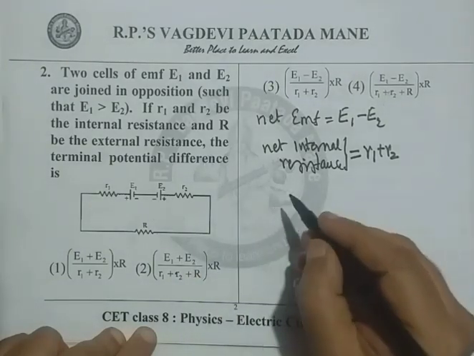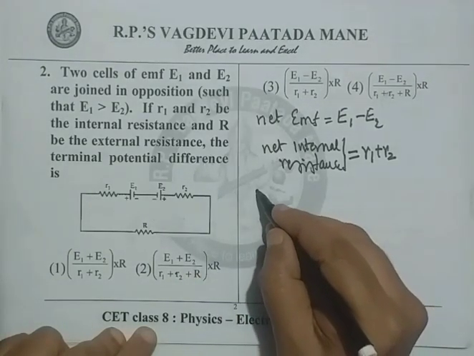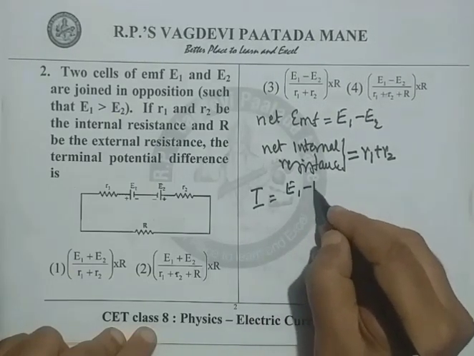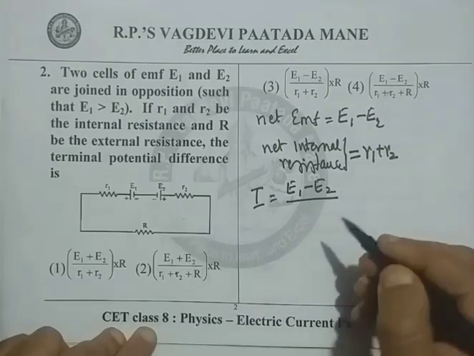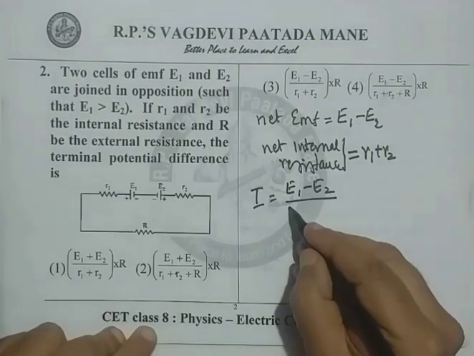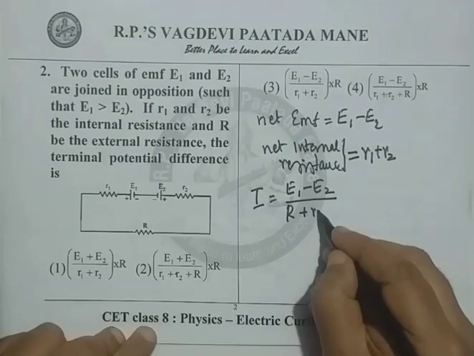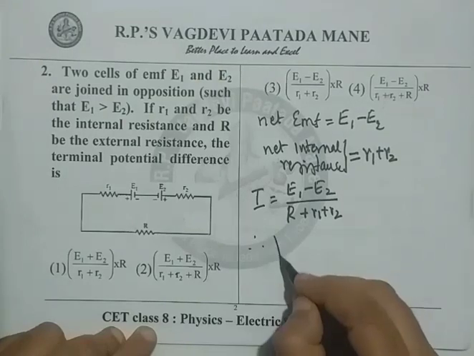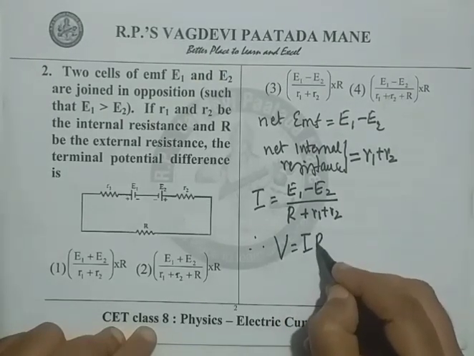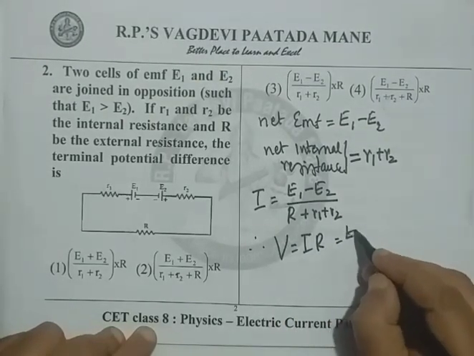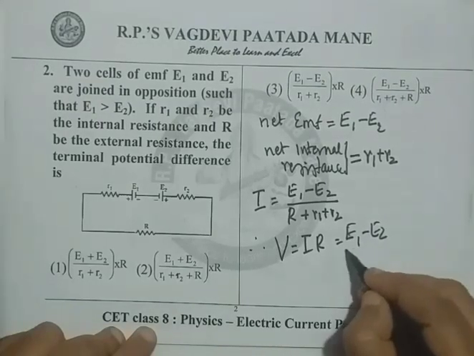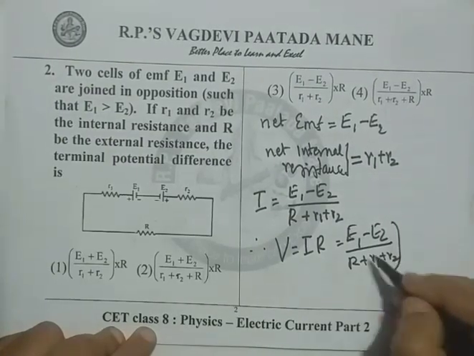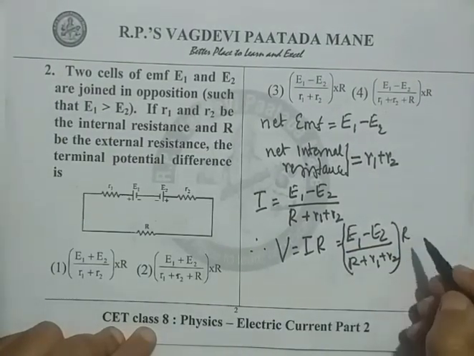Therefore, current I in this circuit equals E1 minus E2 by R, external resistance, plus R1 plus R2. Therefore, terminal potential difference V equals I into R, which amounts to be E1 minus E2 divided by R plus R1 plus R2 whole, into this R.